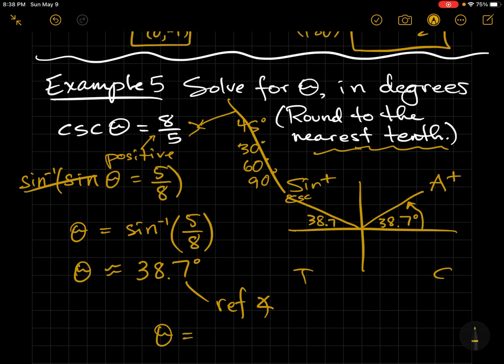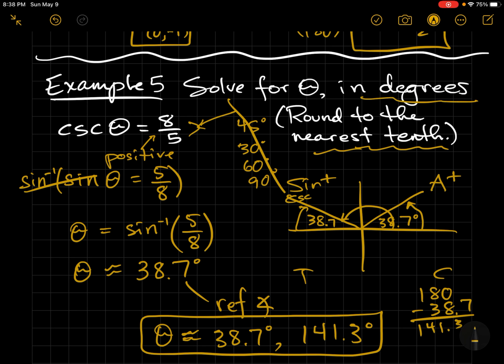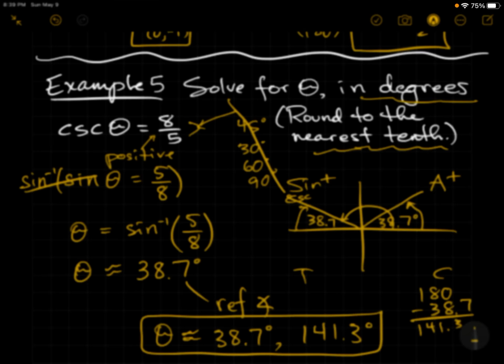And so one of my answers is indeed 38.7. But for the other one, I'm going to subtract from 180. And that's going to give me 141.3 degrees. So 180 minus 38.7 is how I got the 141.3. So those are my two solutions. Oh, wait a minute. Yeah, in degrees.